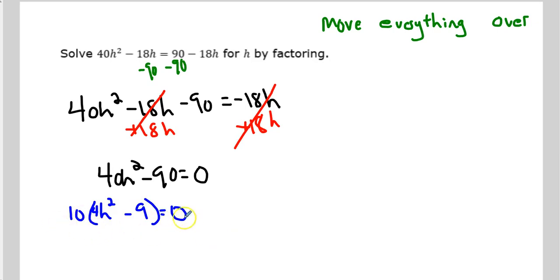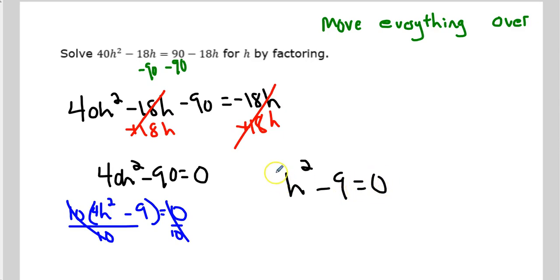I can divide both sides of my function by 10 to get rid of that. So now we just have 4h squared minus 9 is equal to 0. The reason we can do this is because 0 divided by any number is still 0.